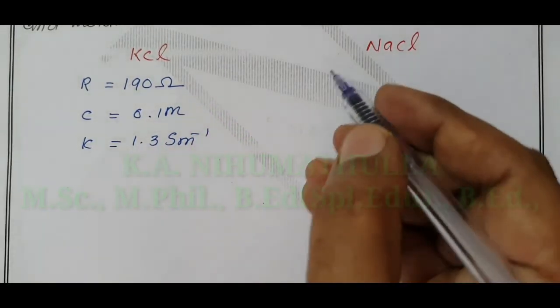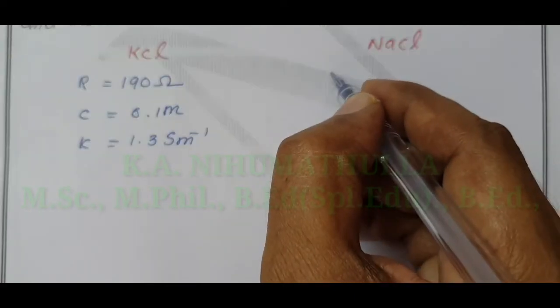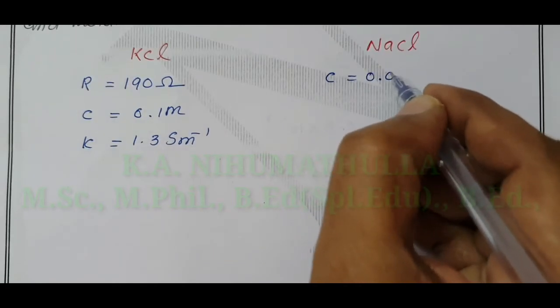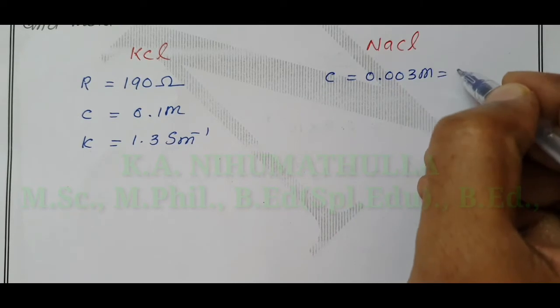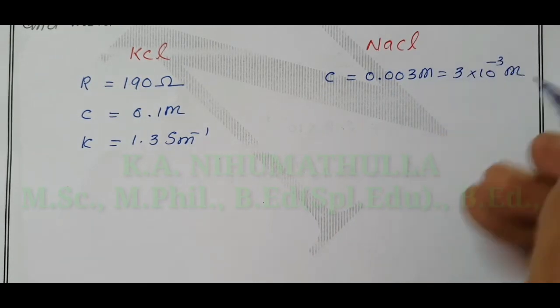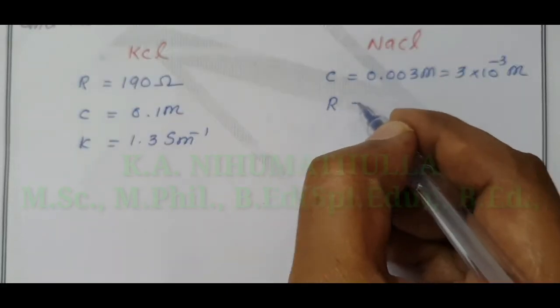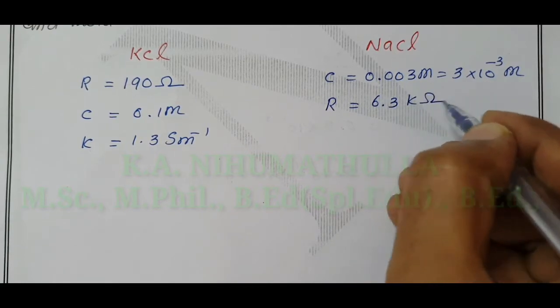For the sodium chloride solution, the concentration value given is 0.003 molar, that is equal to 3 into 10 power minus 3 molarity. And the R value is also given, 6.3 kilo ohm.